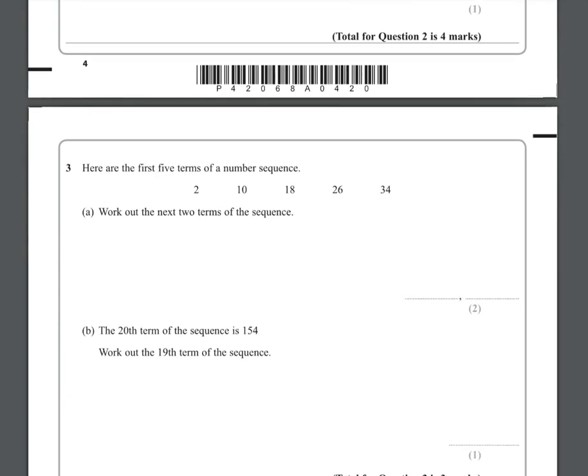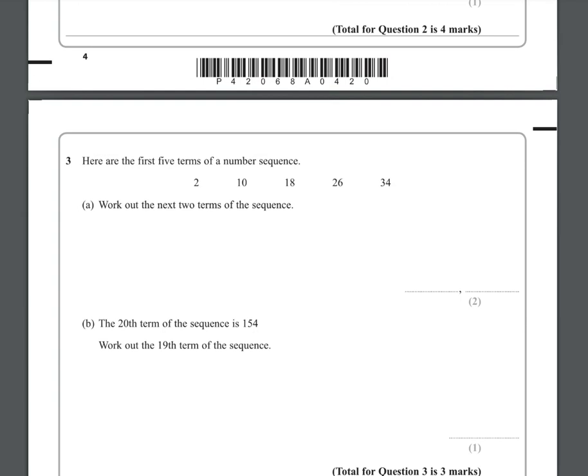Work out the next 2 numbers in the sequence. So what's happening here? Well, that seems to be going up by 8 and another 8 and another 8 and another 8. So we're adding on 8 each time. So we're going to get to 42 and then 50 if we add on 8.